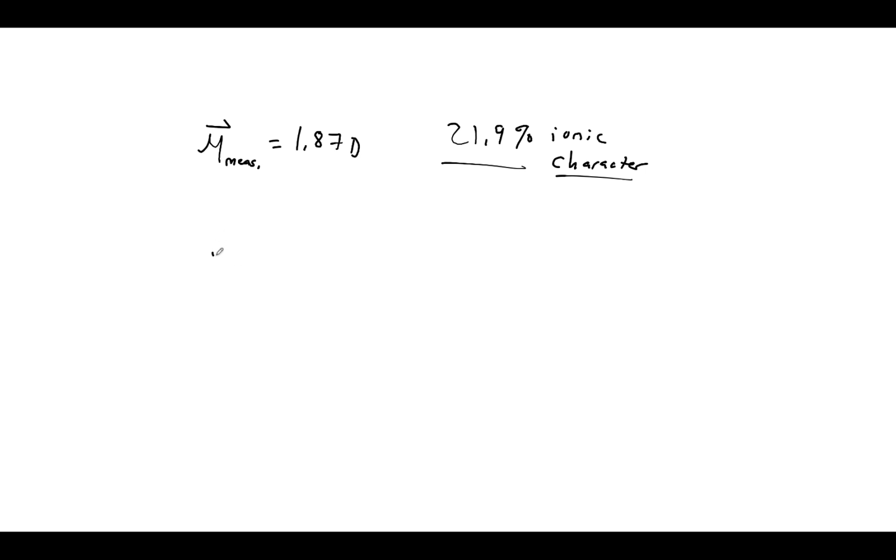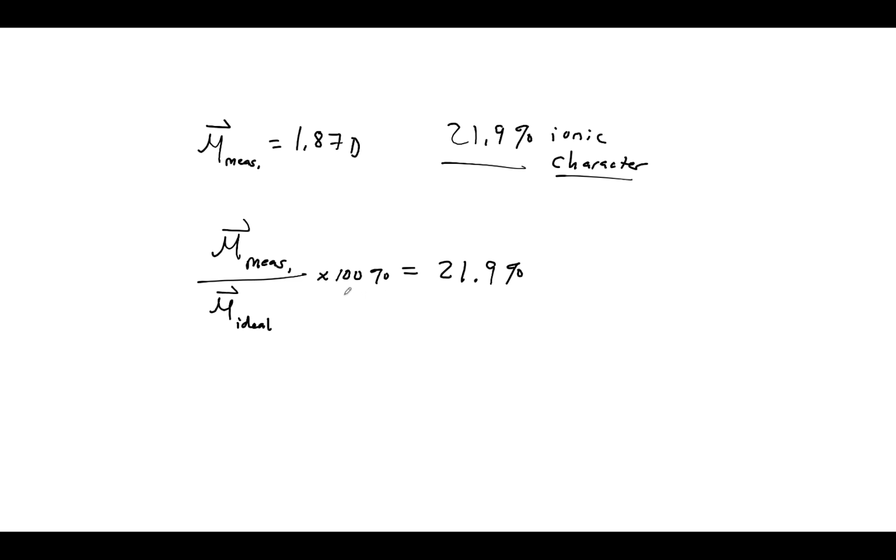And so we use this expression where we have mu measured, mu is the dipole moment, by the way, divided by what I'll call mu ideal, times 100% gives us the percent ionic character, which in this case is 21.9%, right?